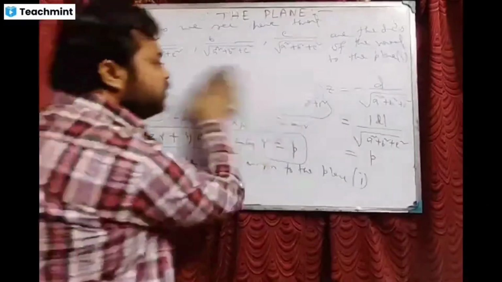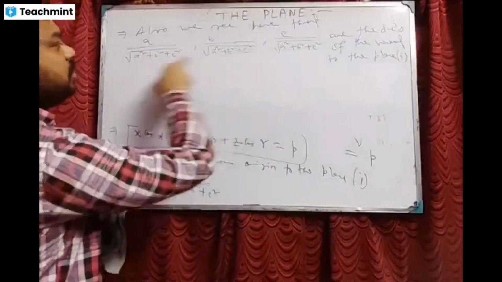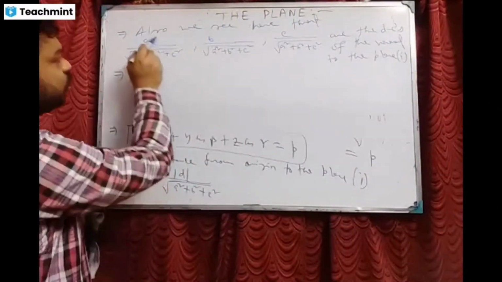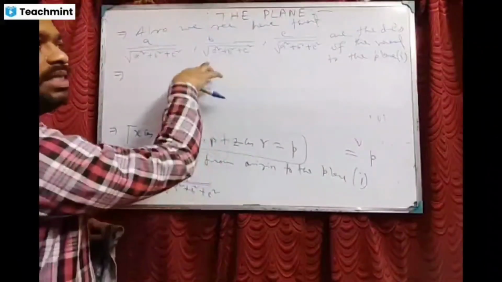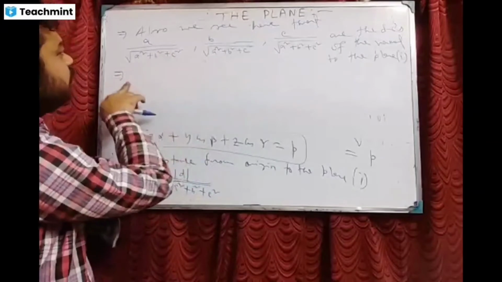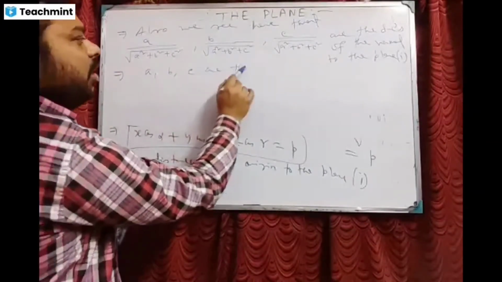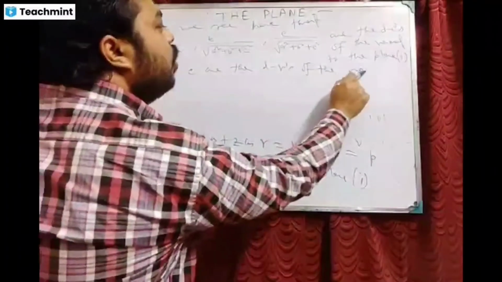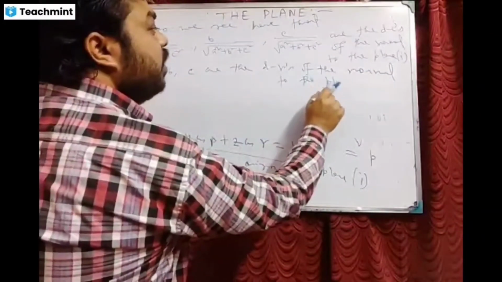This means that root over a square plus b square plus c square is the common ratio. This also implies that the sum of these three squares is 1. So in that sense, these are direction cosines, and this implies a, b, and c are the direction ratios of the normal to the plane 1.